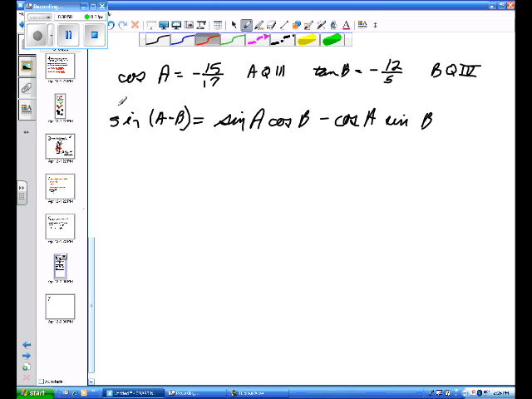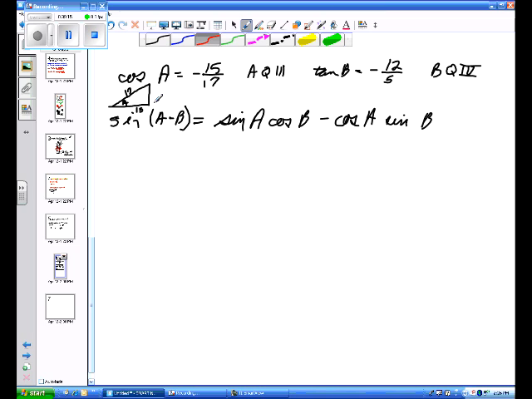Now, we have to draw our triangles to be able to find these. So let's just go ahead and draw them. Probably should have done that while I had a little bit more room. But if this is angle A, the cosine is 15/17.